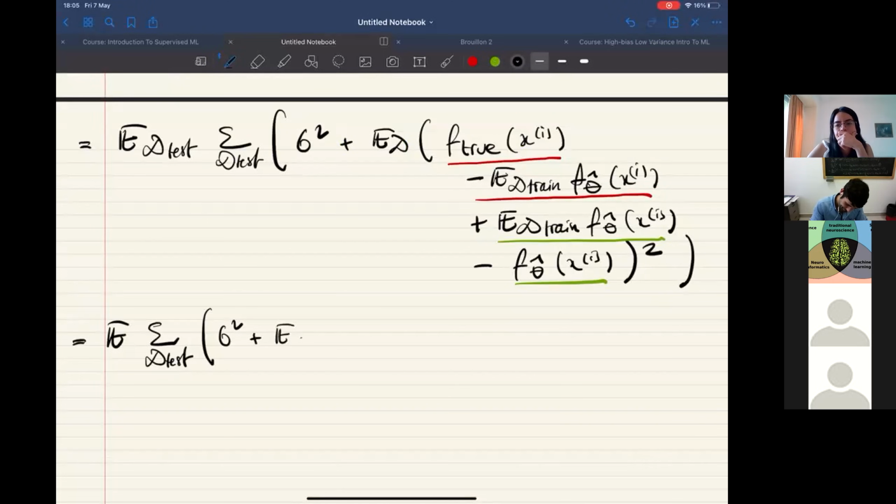Okay. This is the training data. So I have my first square, which is f true, and I will just write now x with an index i like this, which means f true applied to the input x_i in the test data, minus the expectation of my trained model.